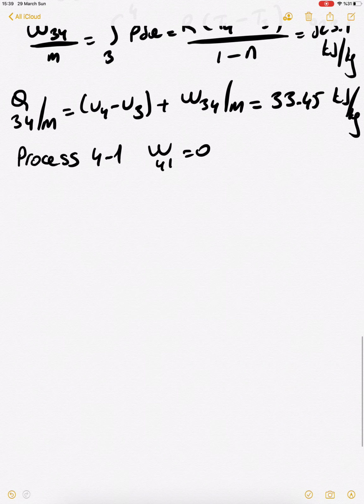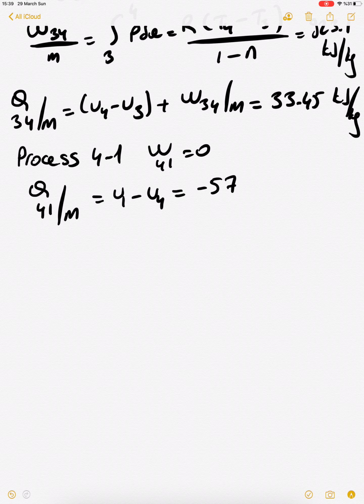The energy balance Q41 per unit mass is equal to U1 minus U4, and that's going to be minus 574.94 kilojoule per kilogram. So that's also negative, and it is heat loss from the system. So we calculated everything related to the heat and work for all processes.